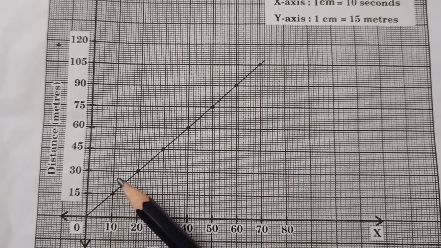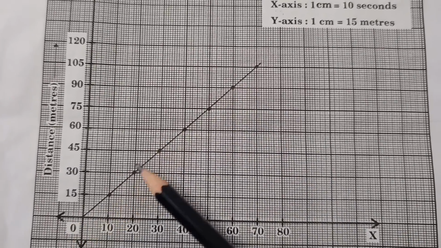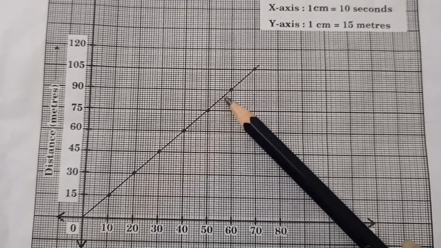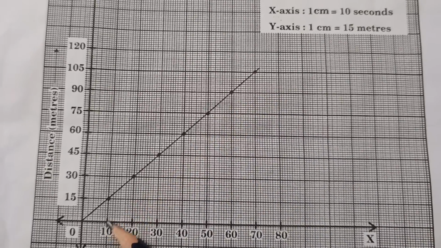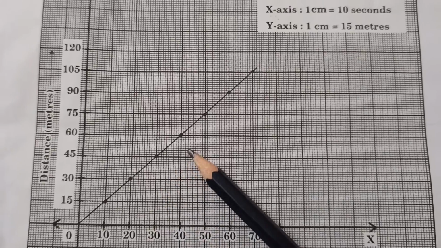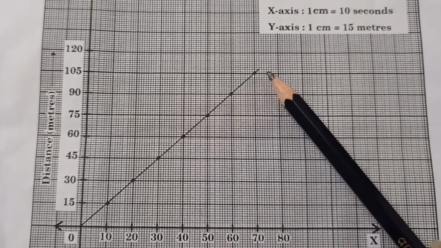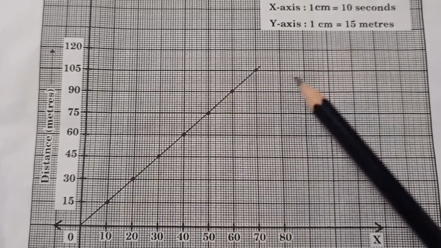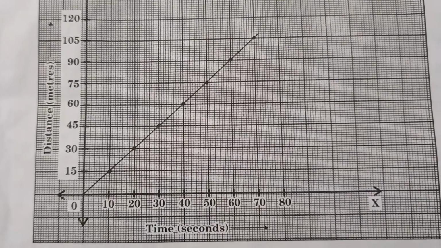The slope here is a straight line. The graph is a straight line with a positive slope as it is going upward. A positive slope indicates that the object travels equal distances in equal intervals of time. Therefore, the object is in uniform motion.